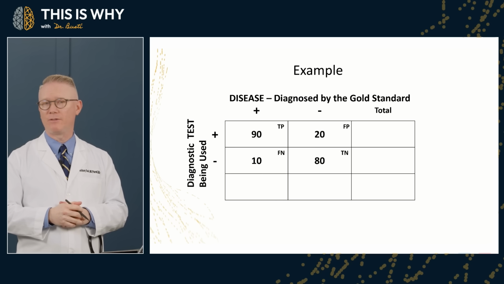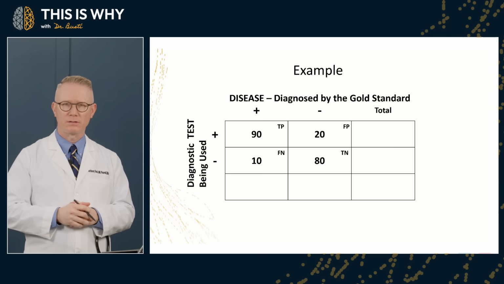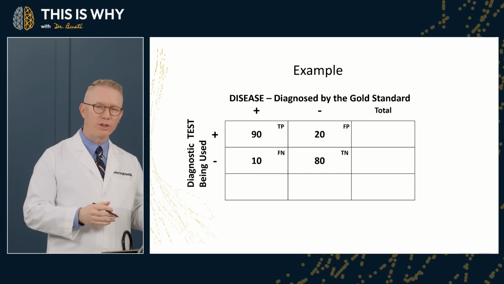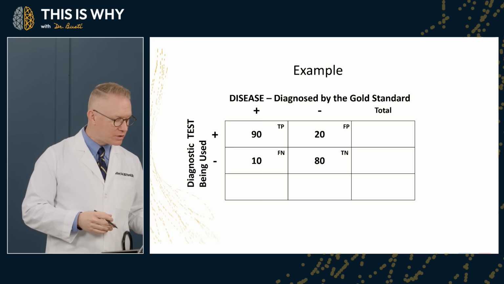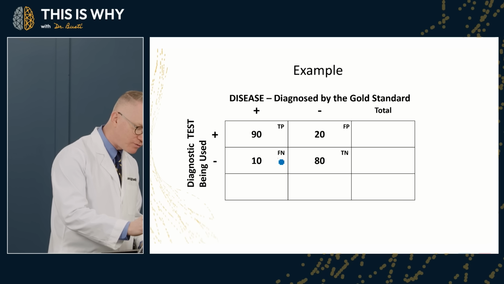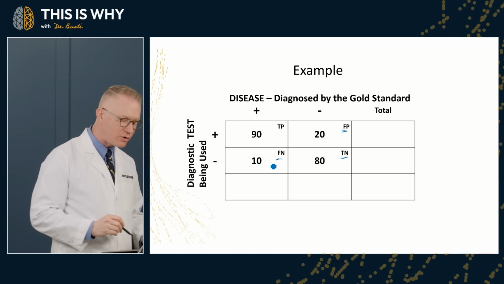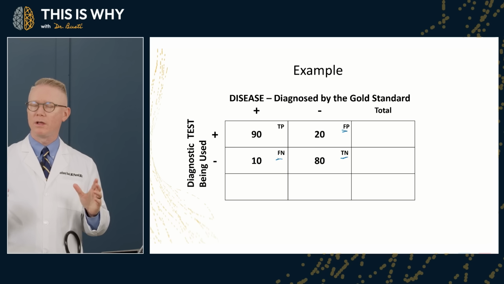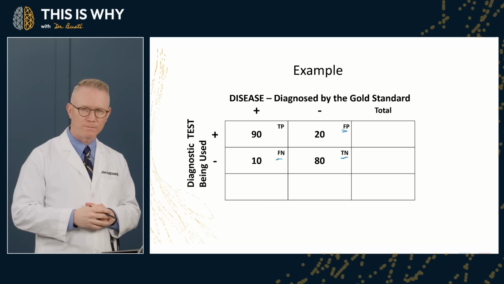They have to give you the data for that test, and they have to give you the data for the gold standard results. Okay? And so you just simply place them: the true positives in the true positive box, the false negative in the false negative box, the false positive in the false positive box, and the true negative in the true negative box. That's why you need to know the basic structure of the 2x2.